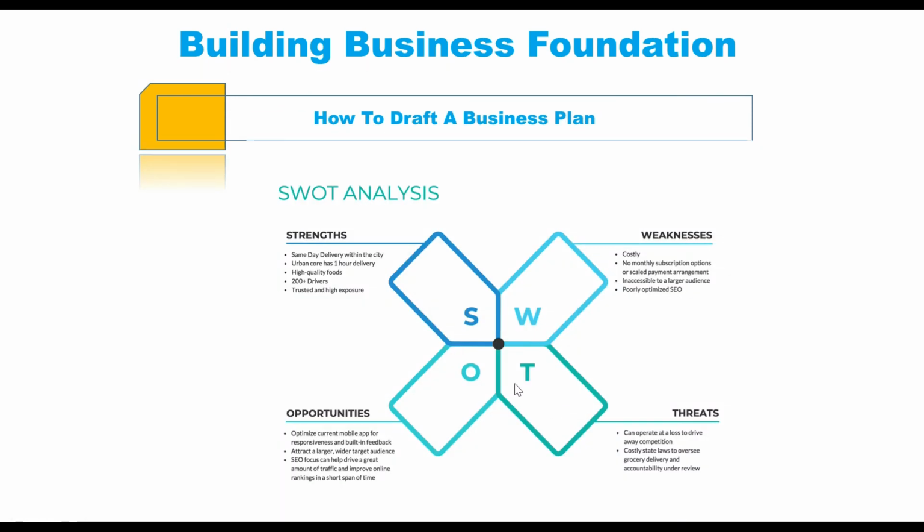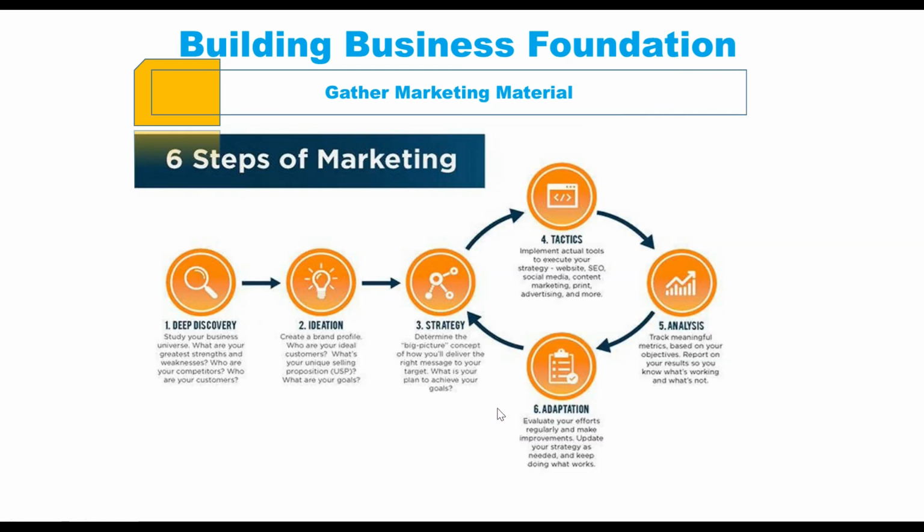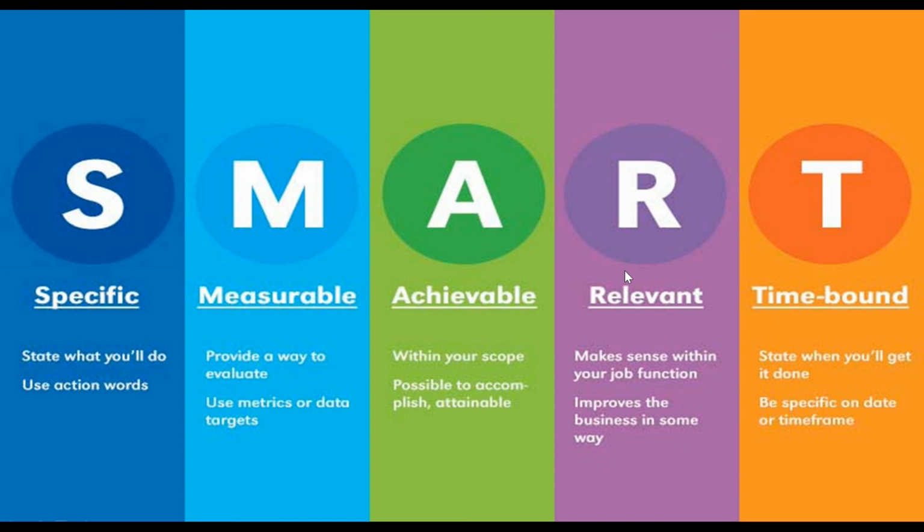So if you are looking at the SWOT analysis, the opportunity, the strength is something that you might want to extract from the value to user and put into your SWOT list, right? And a few steps of marketing. I will share, of course, this in a PDF, which is in the description, and you can go through this information.